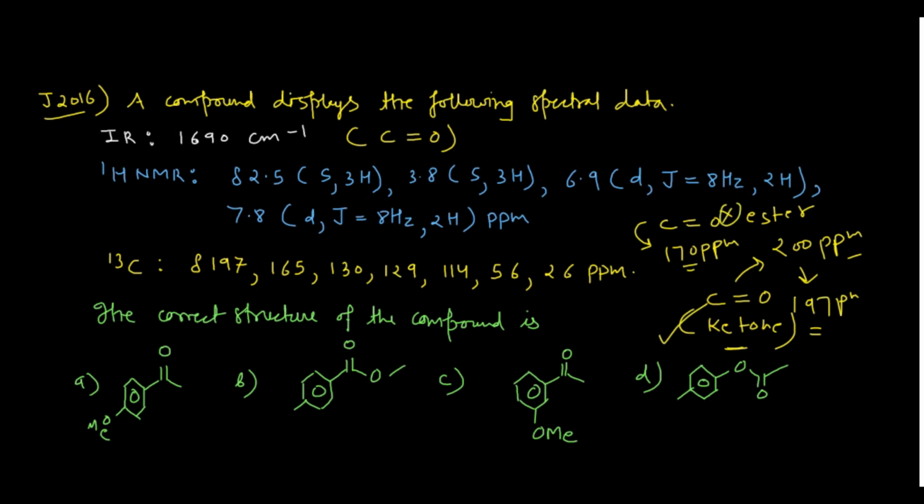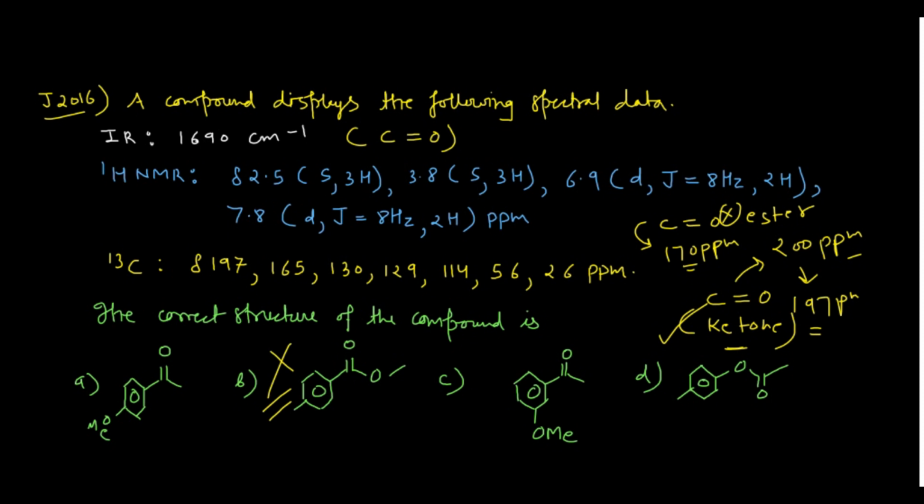So you see the options. The first option is a ketone. Yes, this is the probable answer. The second option is an ester. This option is not possible because this ester cannot give you a signal at around 200 ppm. So you can immediately discard this. This cannot be your answer.